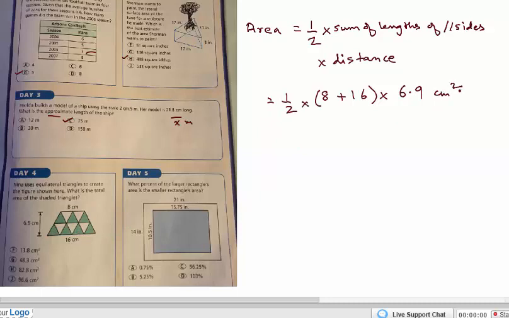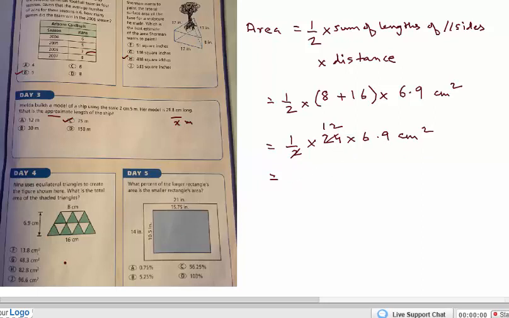So let's try and simplify. 1/2 times 8 plus 16 is 24, times 6.9 square centimeters. You can cross off the 2 and the 24, write a 12 over here. So effectively this is 12 times 6.9 square centimeters.